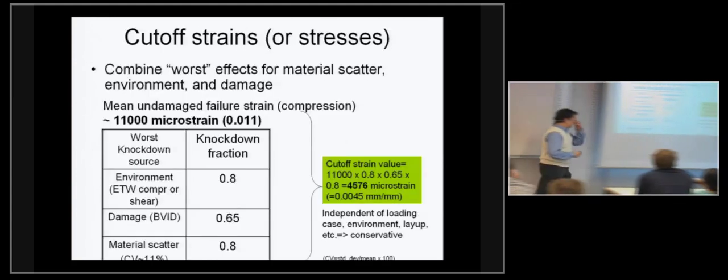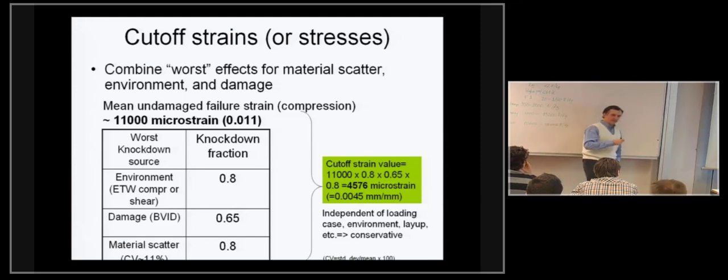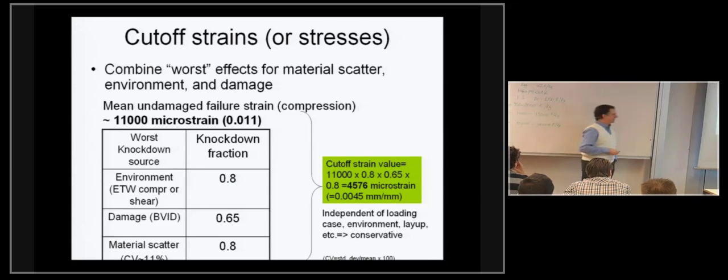And to translate this to numbers, a typical material has a mean undamaged failure strain in compression of 11,000 microstrain, or 0.011. So if I apply typical knockdowns, these are typical, so don't take them for granted, even though you will see that almost everybody uses these typical, at least for preliminary design.